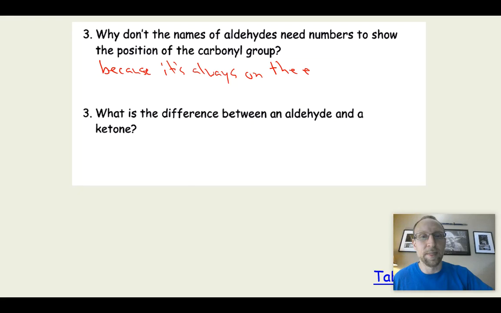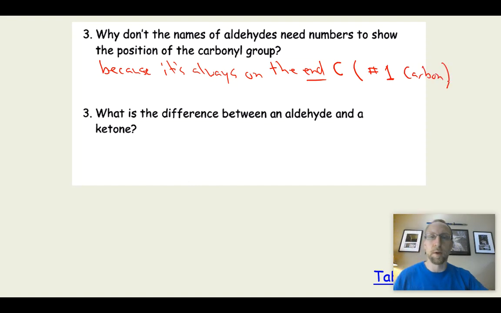It's always on the end carbon, which we would call the number 1 carbon. So it would always be 1. So if it's always going to be 1, there's no need to put it. So it's kind of redundant. So we just leave it out. So that's why we don't need a number for the aldehyde. So our common rules, number for location, but sometimes we don't need the number. And this is one of those cases because it's always on the end. It would always be 1 carbon. So we don't put the 1.